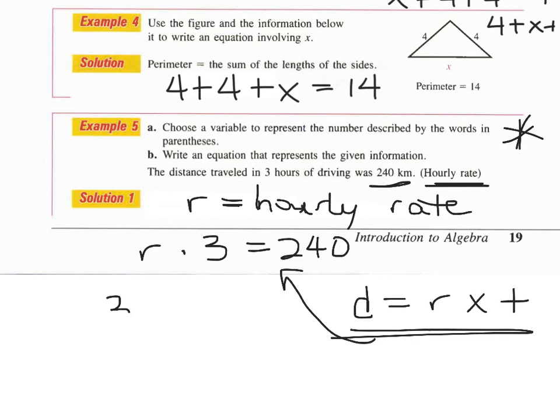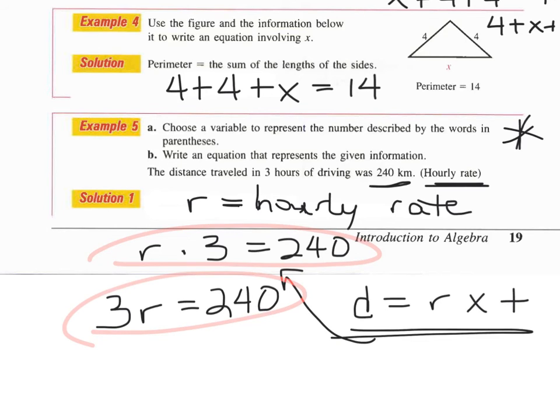But I'm going to rearrange it and put the 3 in front. And this would be my answer. Now, technically, if you give me this on the test, this is also correct. So either answer would be correct. But we're going to practice putting the number in front of the letter.